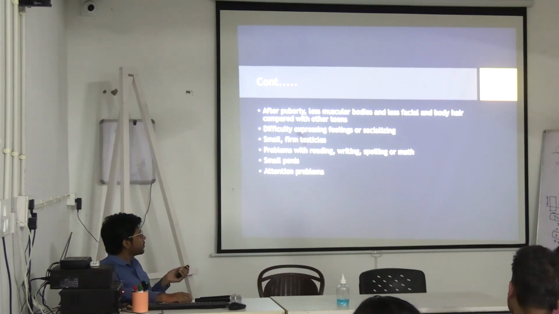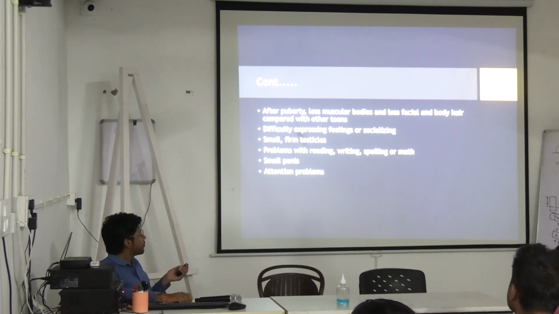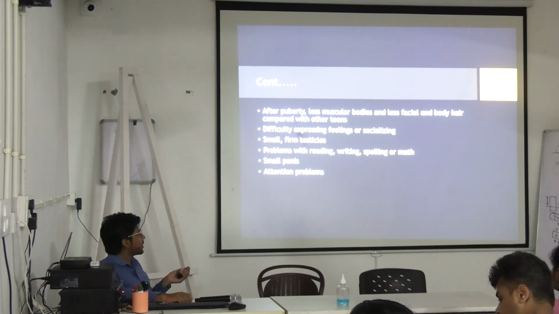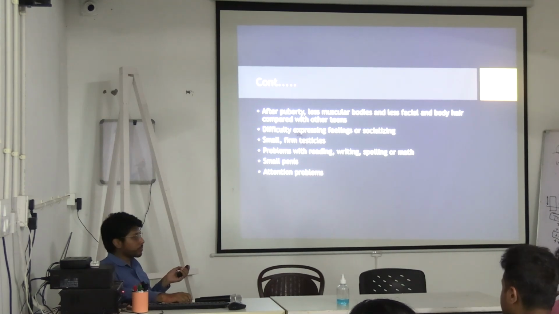After puberty, less muscular bodies and less facial and body hair because of delayed puberty. Then difficulty expressing feelings because of shyness, small firm testicles, problems with reading, writing, spelling, small penis and attention problems.